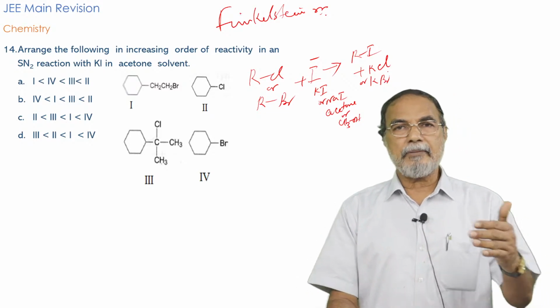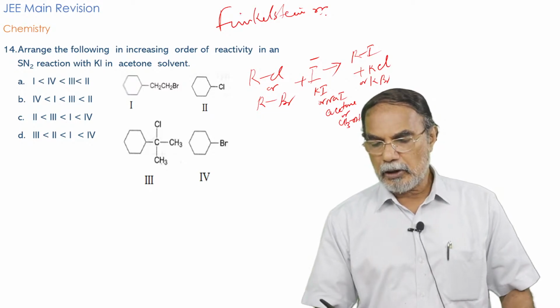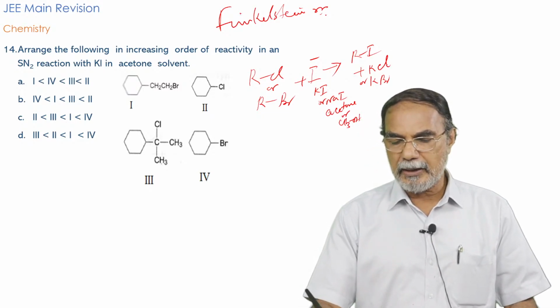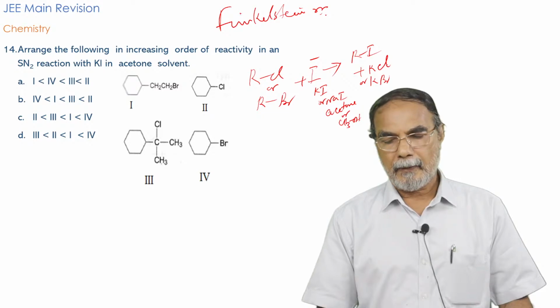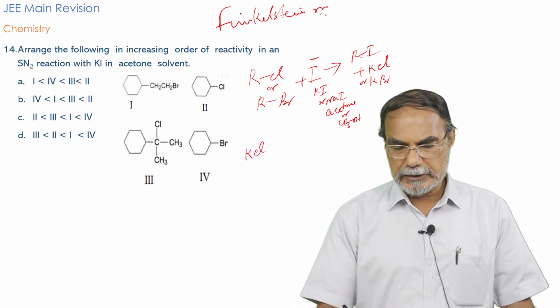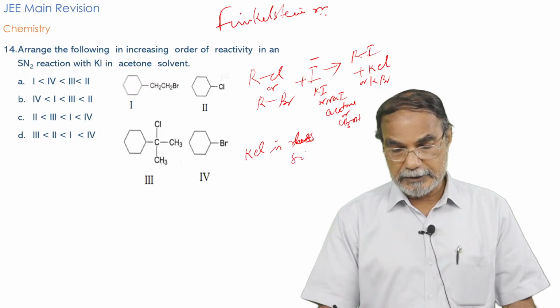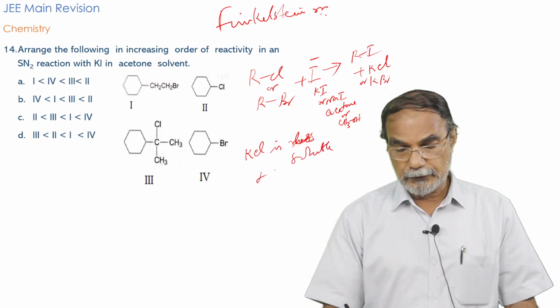And actually the driving force of this reaction, as you might have studied, is the low solubility of these compounds in acetone. If you compare the solubility of KCl and KBr, KCl is less soluble and therefore gets easily precipitated.